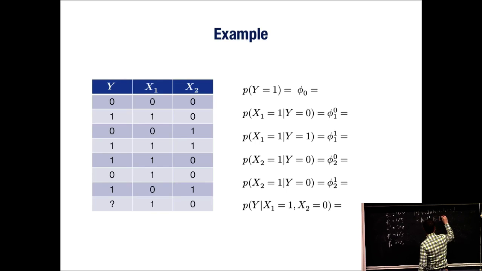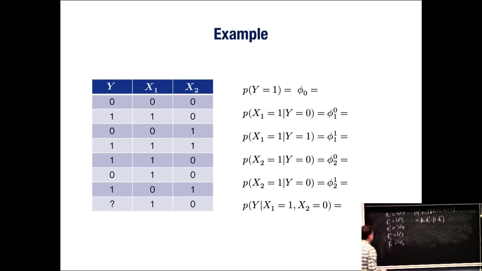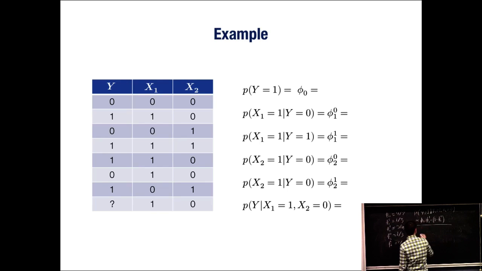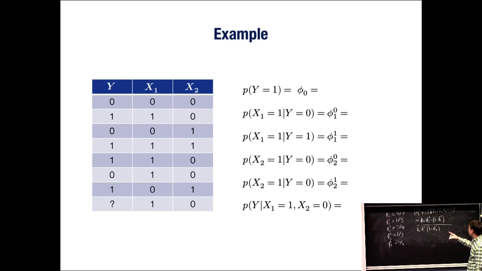And then I divide this by the same thing, phi 0, phi 1, 1, 1 minus phi 1, 2, times the probability that y is equal to 0, which is 1 minus phi 0. And this one would be phi 1, 0, and 1 minus phi 2, 0.